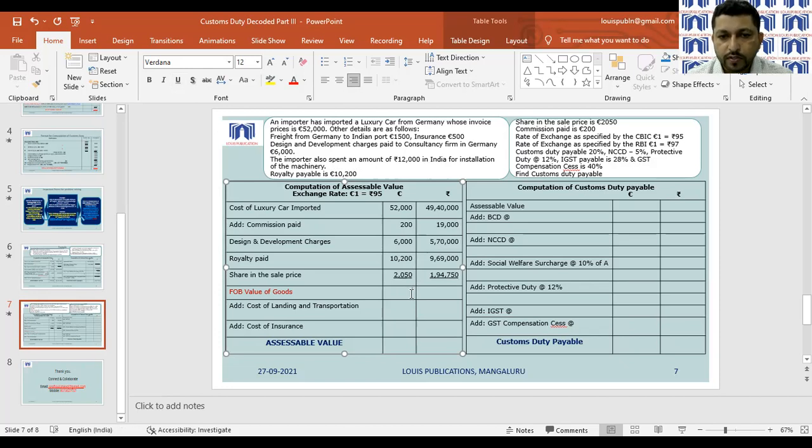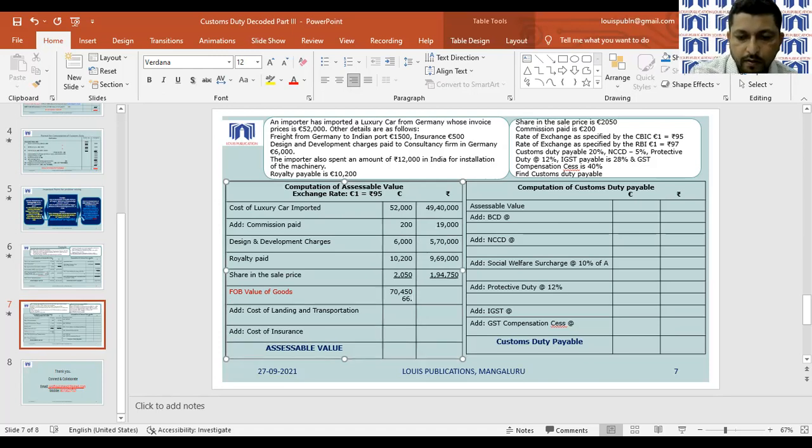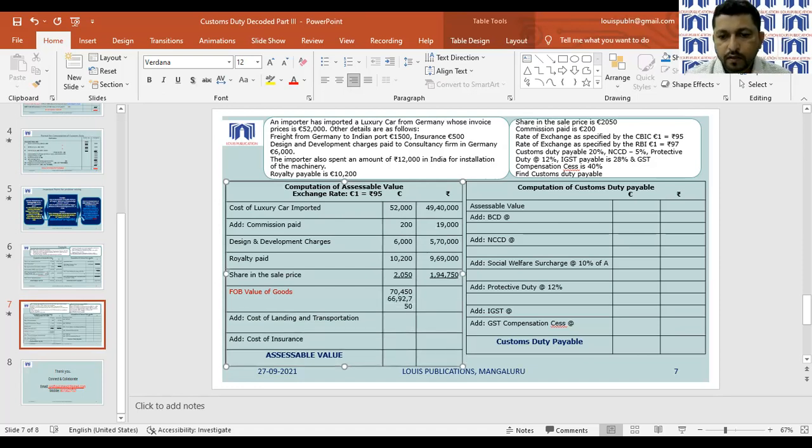So if I total the euros, now totaling the euro column is not compulsory, but since all values are available, we will take it. So 52,200, 6,000 euro, 10,200 euro, and 2,050 euro. That will be 70,450 euros. Multiply it by 95, we will get 66,92,750.